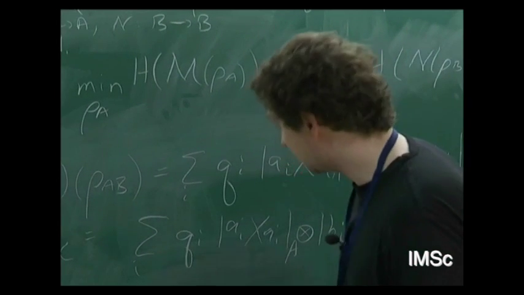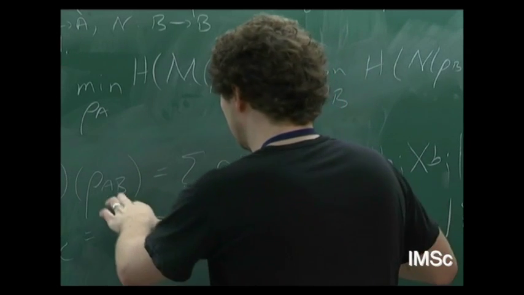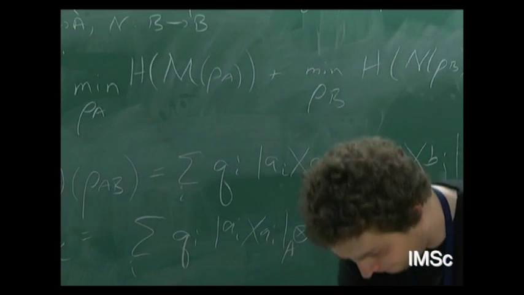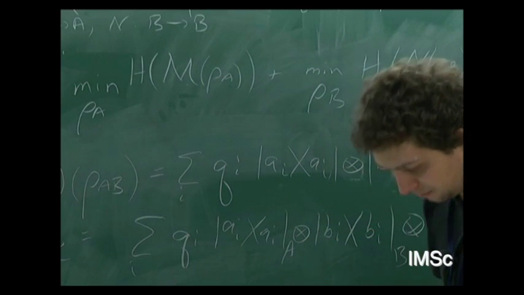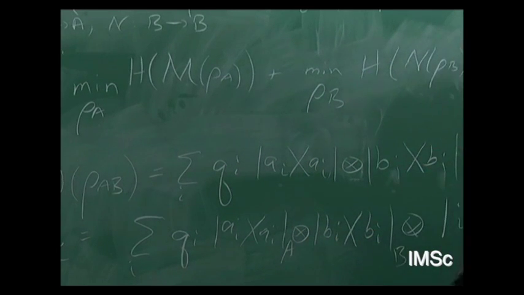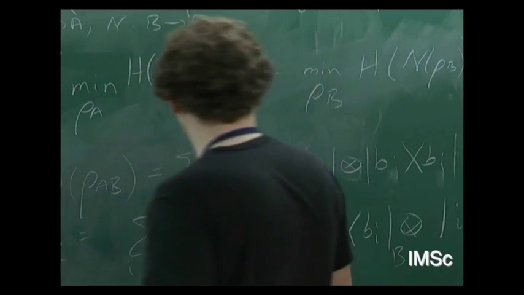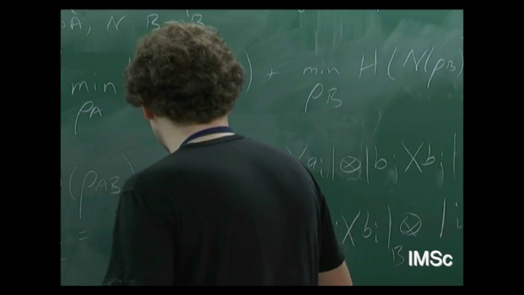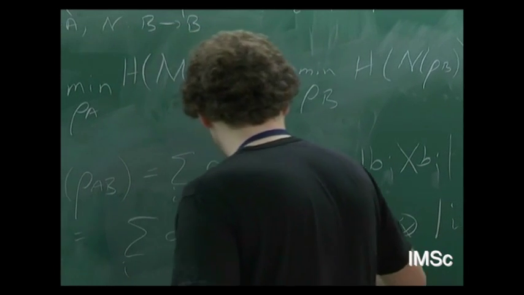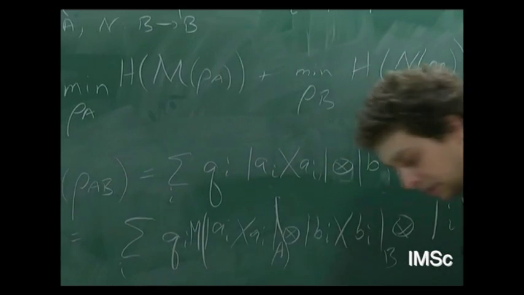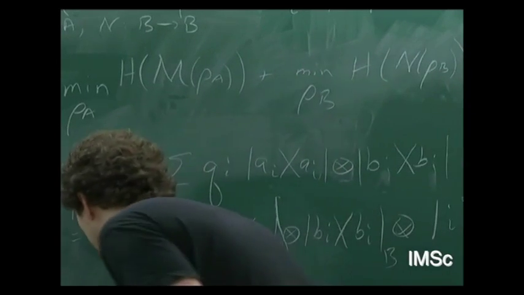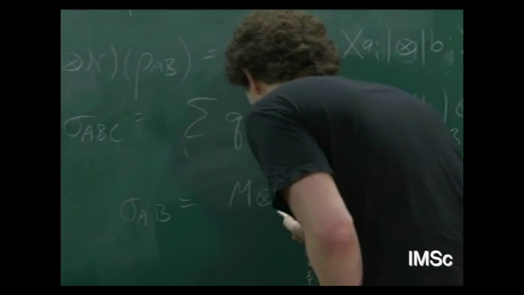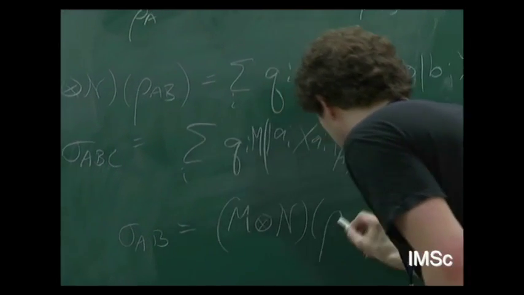And actually, the sigma I'm going to model on this channel. So I need to erase something. I'm going to define the sigma as, M also is acting on this A here. Okay? So that means that sigma AB is just going to be equal to M tensor N acting on rho AB.